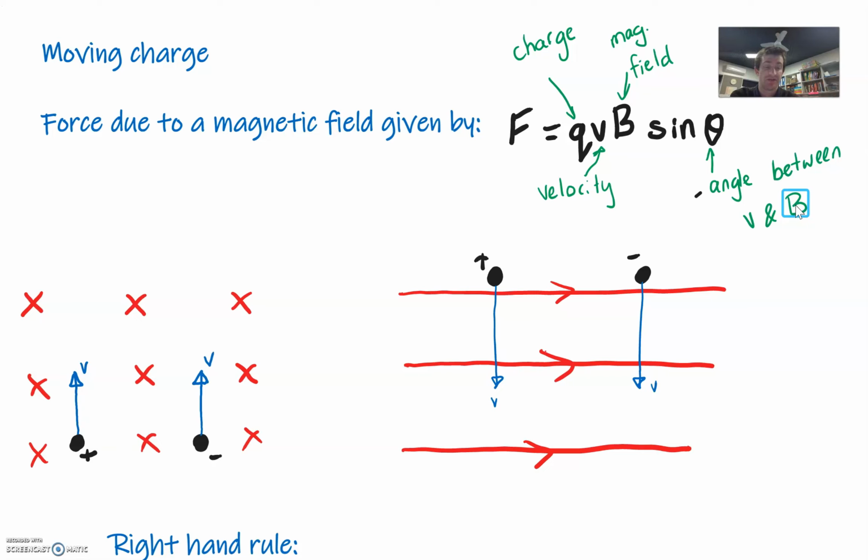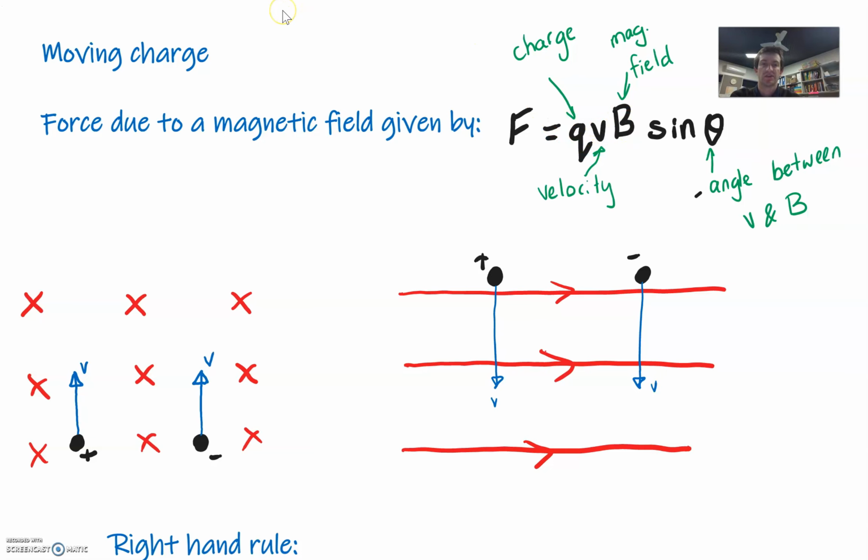It's used in a similar way, because if we look at this example, this positive charge has a velocity, and the angle between this velocity and this magnetic field going into the page is again 90 degrees. If we substitute 90 degrees into this equation, we get sine of 90, which is 1, and the equation again just becomes F equals QVB.